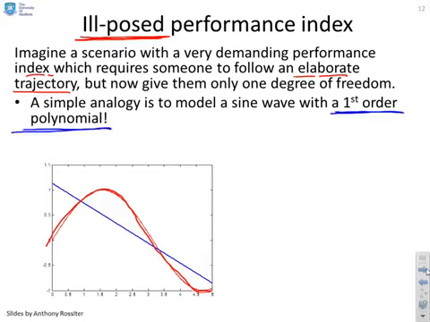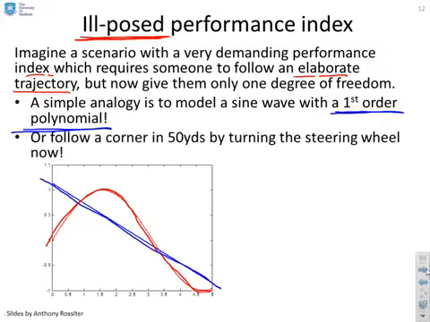So what you're going to try and do is model this red curve using a straight line. Now, of course you can't do it. You'll get nonsense. You'll say there's no way I can match that even closely. And so therefore this is what I would call an ill-posed performance index. You're basically trying to model oranges with apples or something like that. It's nonsense. You can't do it.